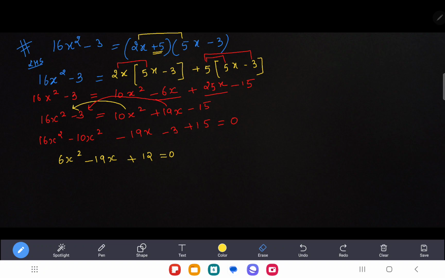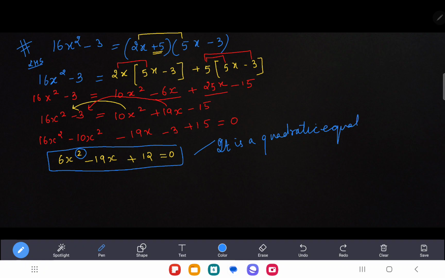Are you understanding? This is my final simplified answer, where definitely the highest power of the variable is 2. So therefore it is a quadratic equation. Yes or no? That's how we get to know the answer.